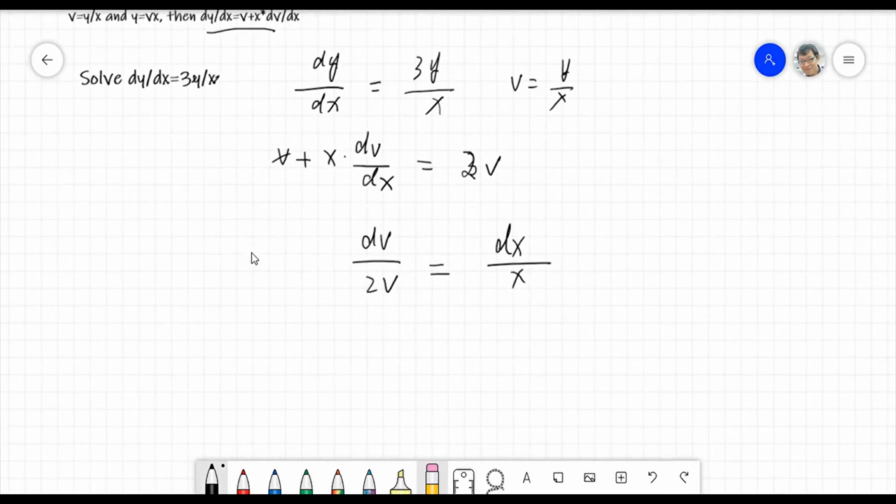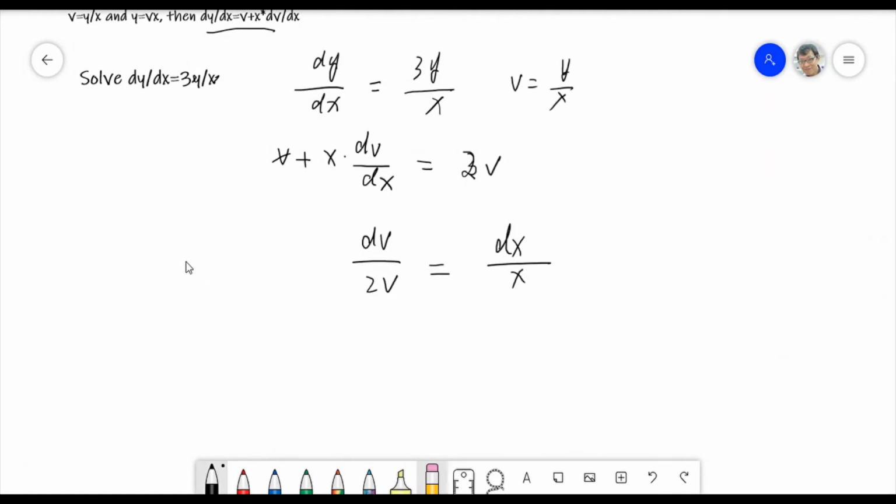So in this way, what we solve next, we will integrate on both sides.